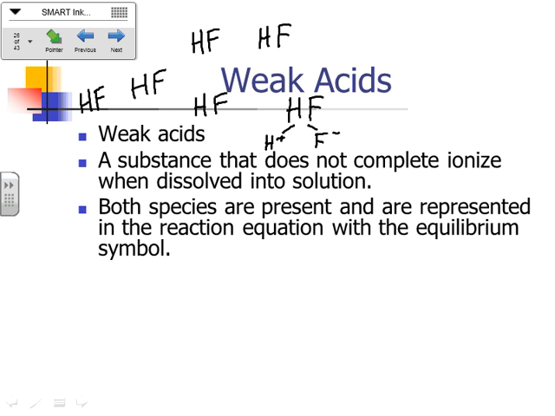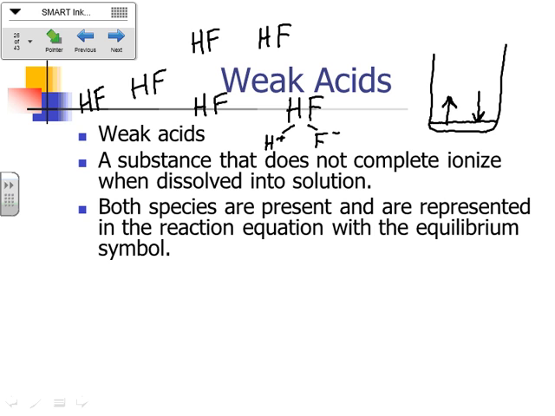Both species are present and are represented in the reaction with an equilibrium symbol. I don't think we've talked about equilibrium at all this year, have we? Well, we did talk about it a little bit with saturated solutions. You guys remember that? You've got a solid sitting at the bottom. Some of that solid is dissolving at the same rate that some of the stuff in the solution is turning back into a solid.